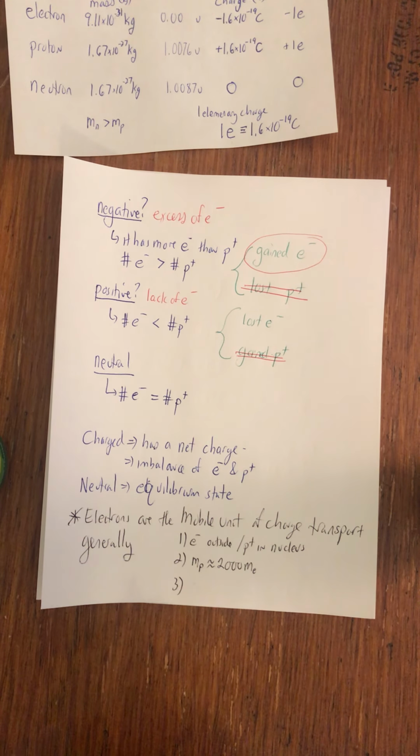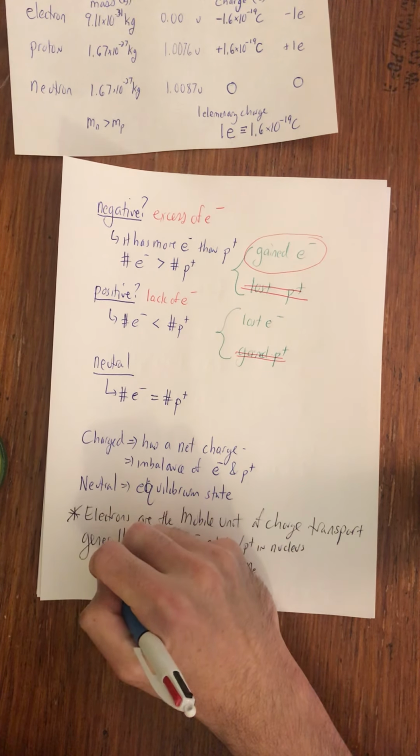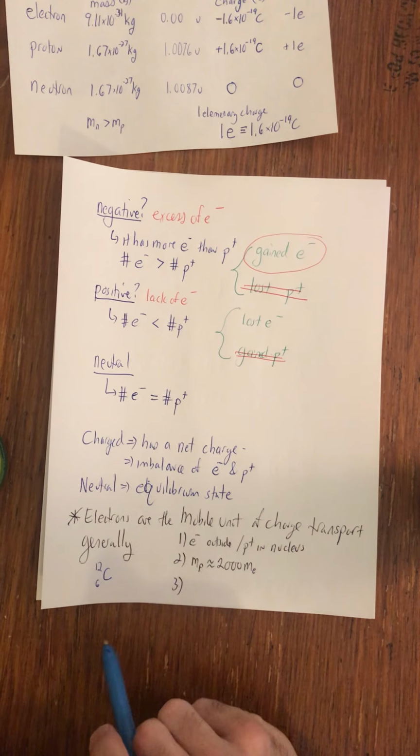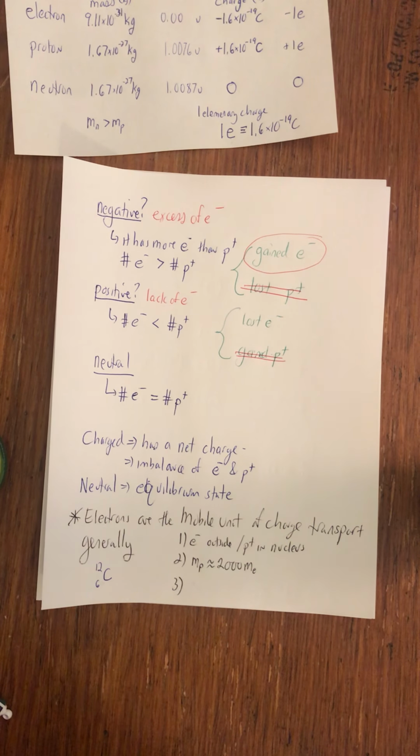Now, the most important reason that we know that this is true: protons, what do I know about protons from chemistry? Say for example, carbon. A normal carbon atom, carbon 12, right? Well, why is it carbon? Well, it's carbon because it has 6 protons.